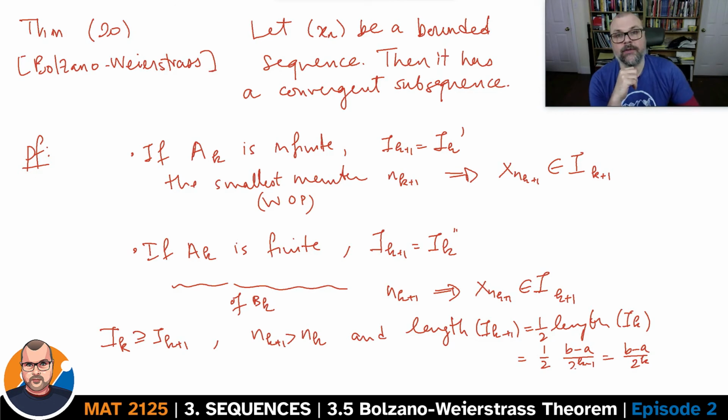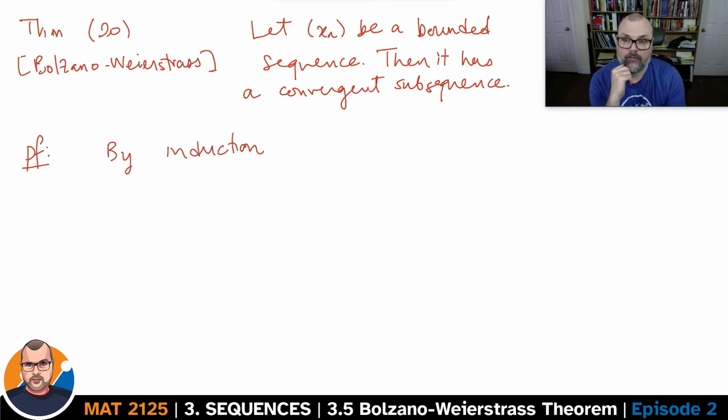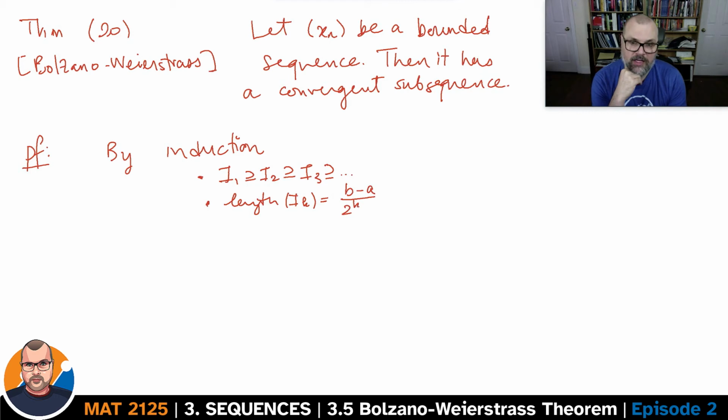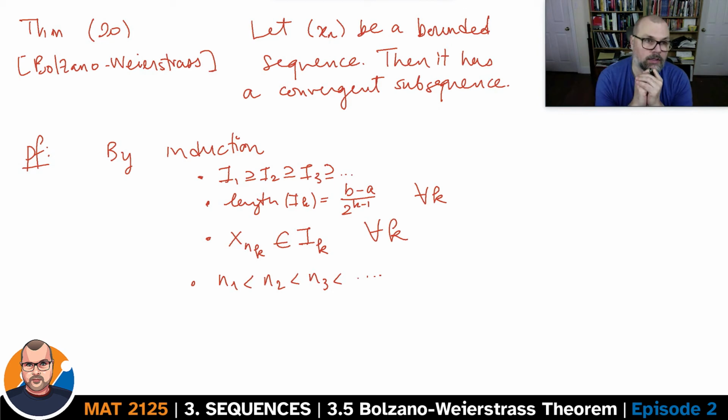So what do we have here in mathematical induction? On the one hand, we've built a sequence of nested intervals. We know that the length of each interval is (b minus a) divided by 2^{k-1}. We know that we have a number of indices n_k for which the term x_{n_k} belongs to the interval I_k, again for all k. And finally, the sequence of indices here is a strictly increasing sequence.